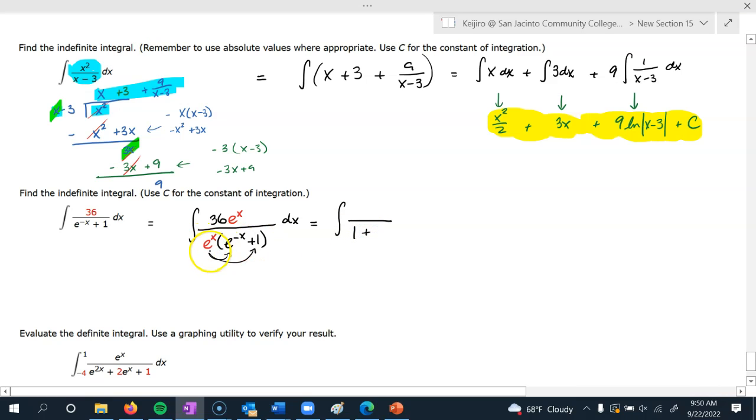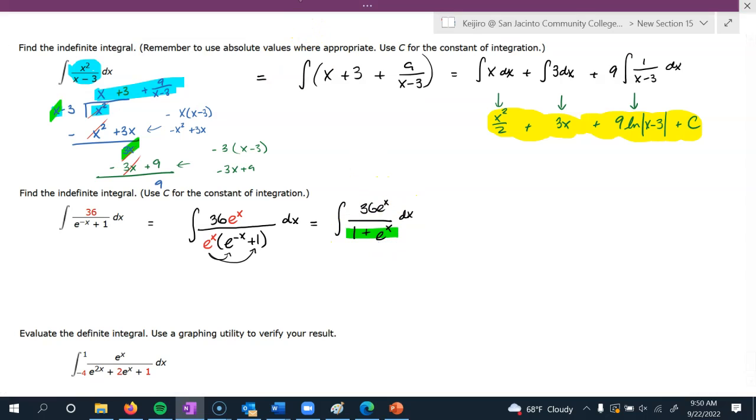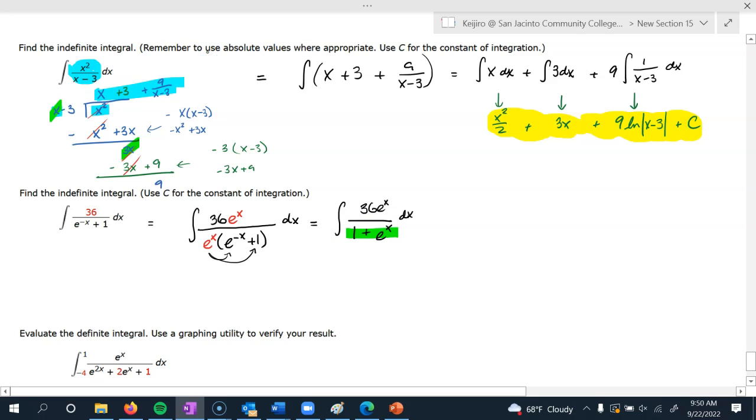And of course, e to the x distributed onto that 1 makes e to the x. And the top is still just 36 e to the x. Now that's looking a little bit better. Because if you look at that now, if you allow what is now the denominator to be u, if u equals 1 plus e to the x, then du is, well, the derivative of 1 is nothing.